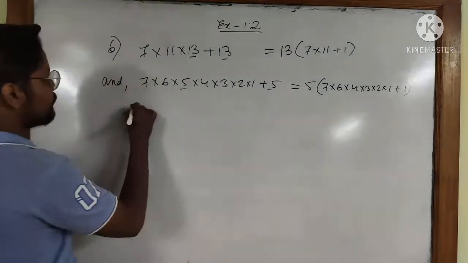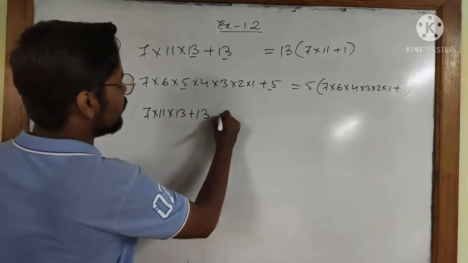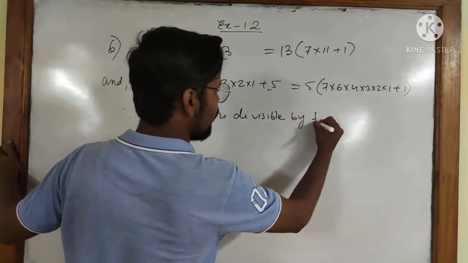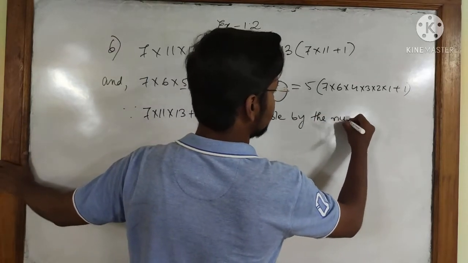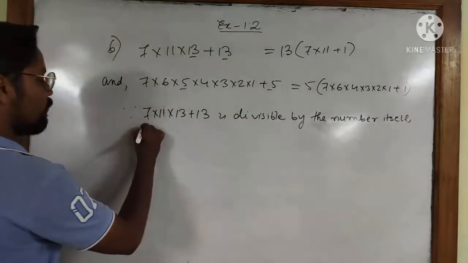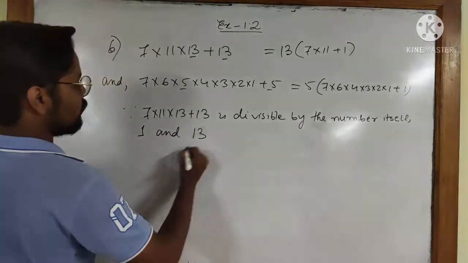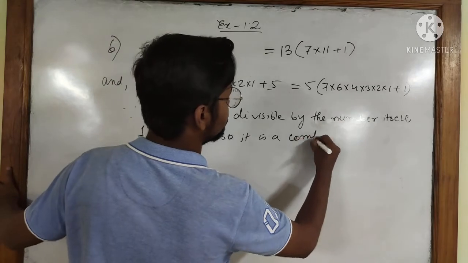So since 7 into 11 into 13 plus 13 is divisible by 1, by the number itself, obviously, and 13, so it is a composite number.